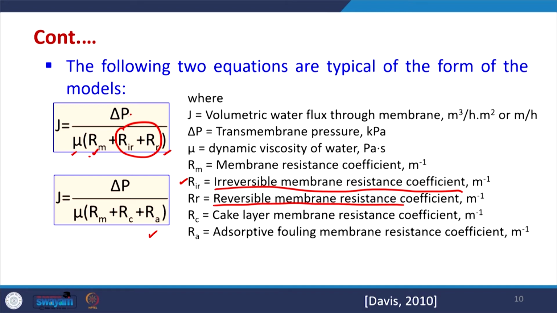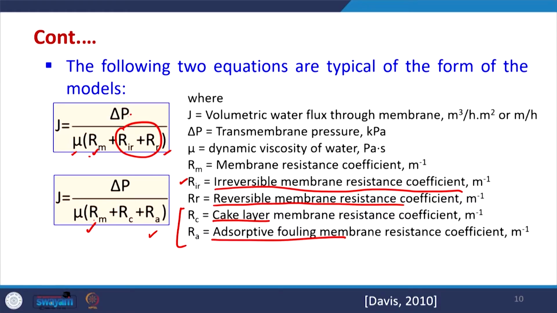Then it can also be defined another way. One is the cake layer membrane resistance, and another is adsorptive fouling: because of adsorption in the pores, how much resistance has been added. So, in addition to the membrane resistance, two additional resistances may be added.